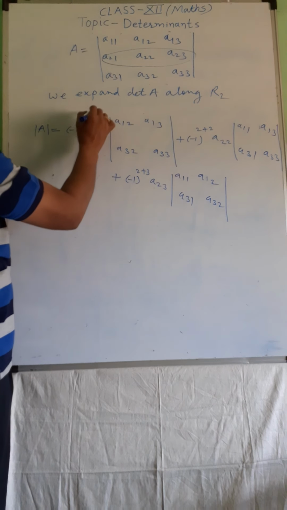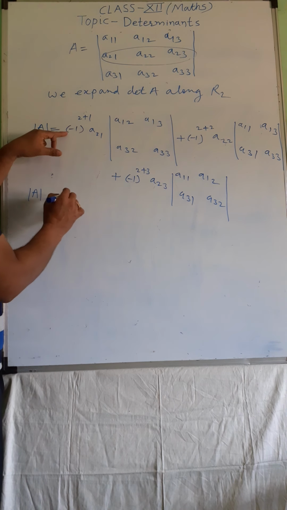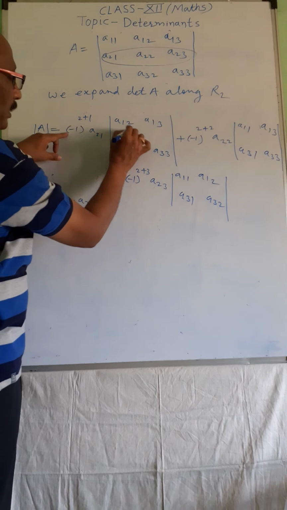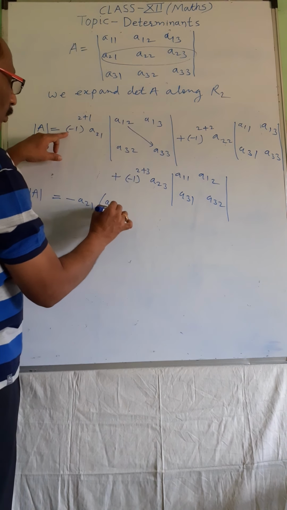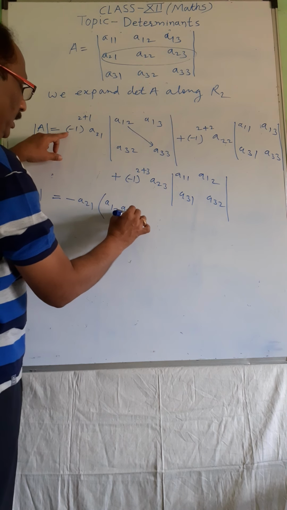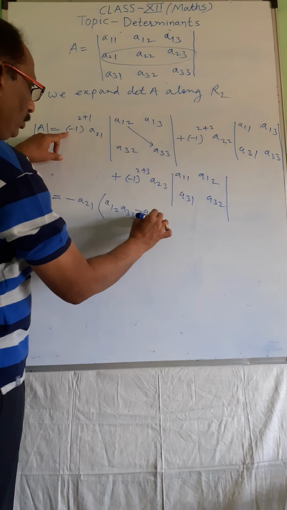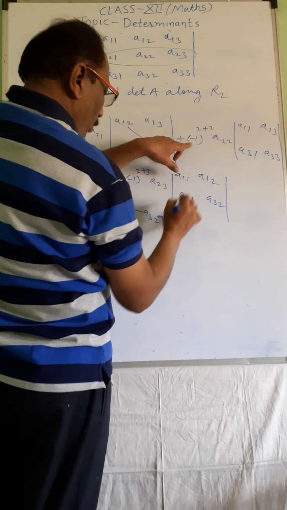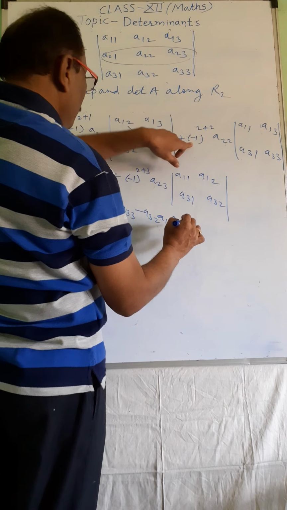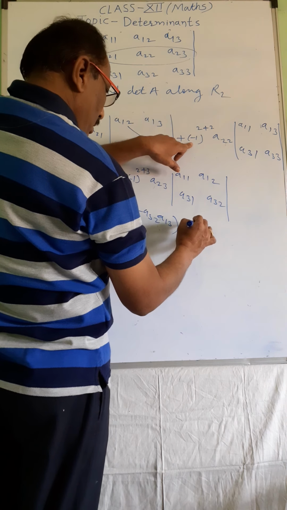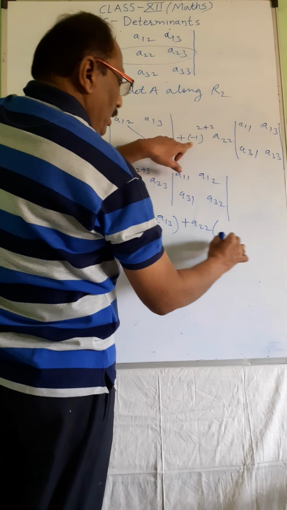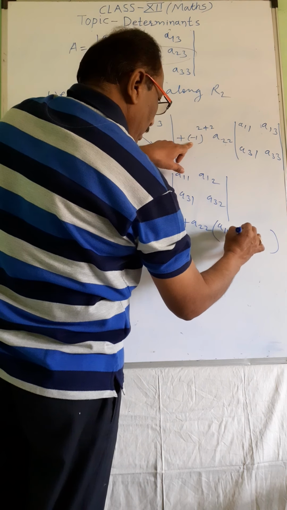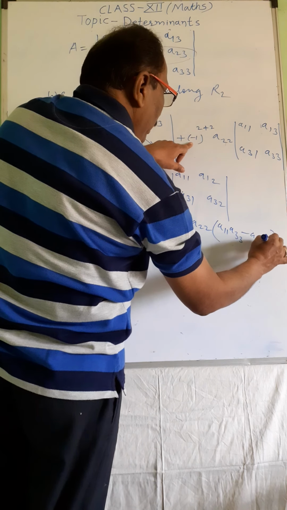Again minus 1 raised to power 3, minus 1 cubed, it is minus A21. Then the product A12, A33 minus A32, A13. Minus 1 raised to power 4 means plus A22, and this one, A11, A33 minus A13, A31.